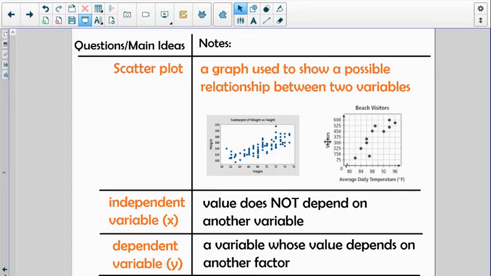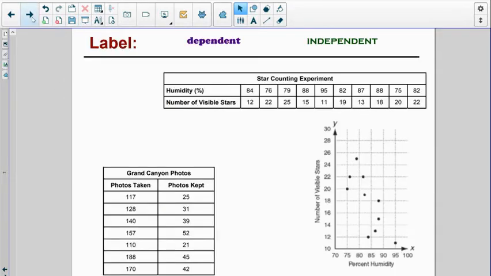And in the second example, we're assuming that the number of visitors depends on how warm it is outside. So weight is the dependent variable in the first scatter plot, and the number of visitors is the dependent variable in the second scatter plot. The weight depends on the height, and the number of visitors depends on the average daily temperature.